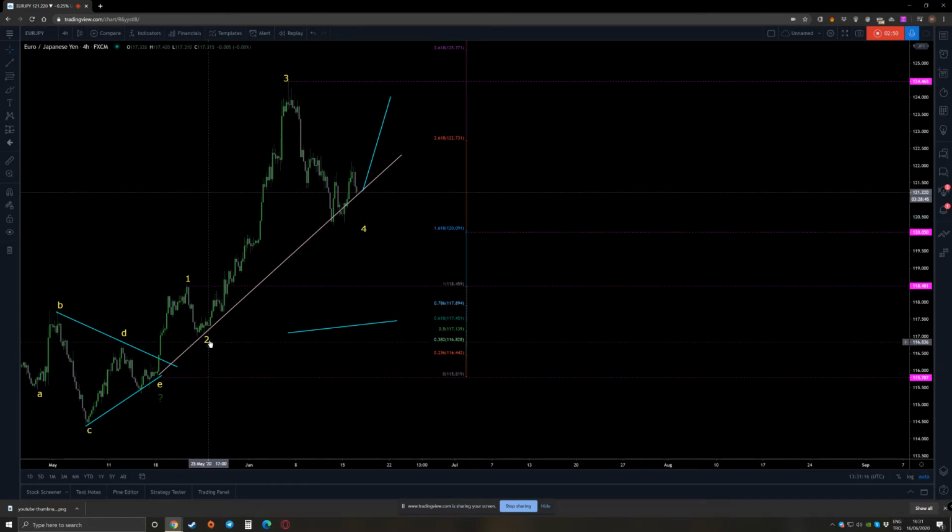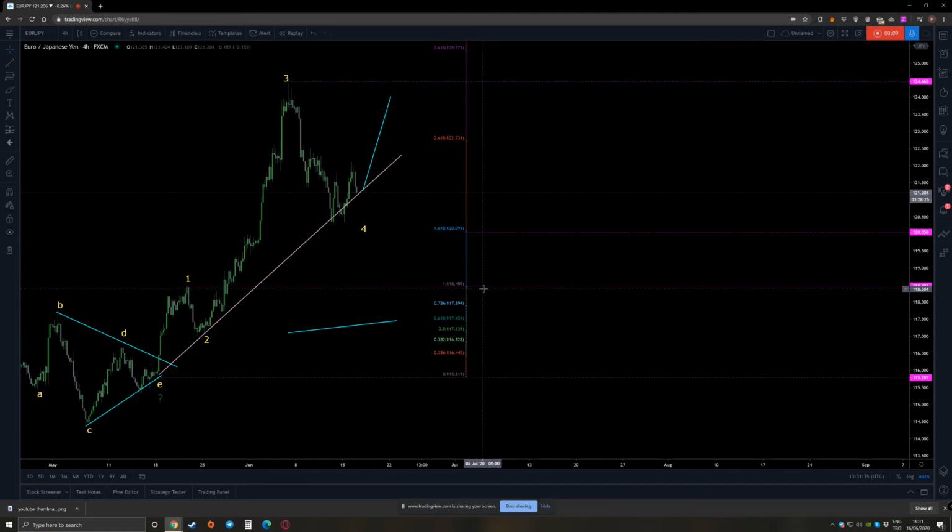Now after the second wave, what we need is a third wave. I put a third wave here and highlighted this with a horizontal line. Why? Because I have to take 161.8 of the first wave, which is here.